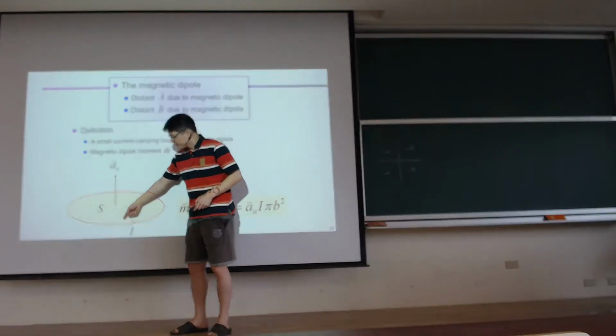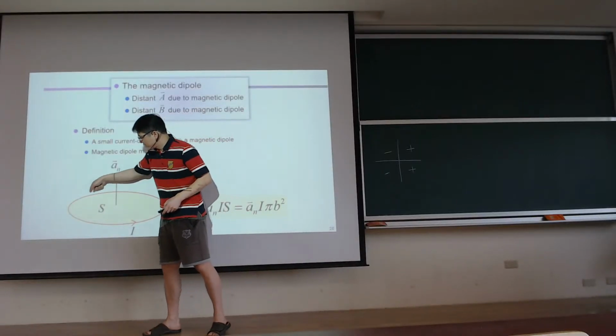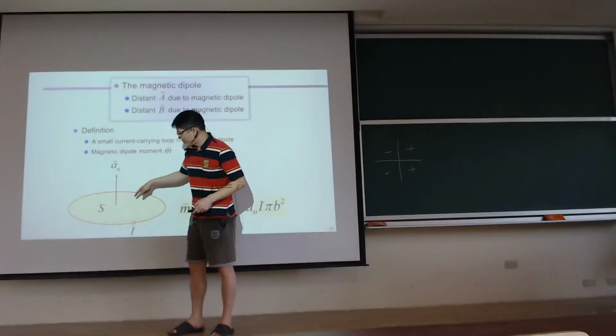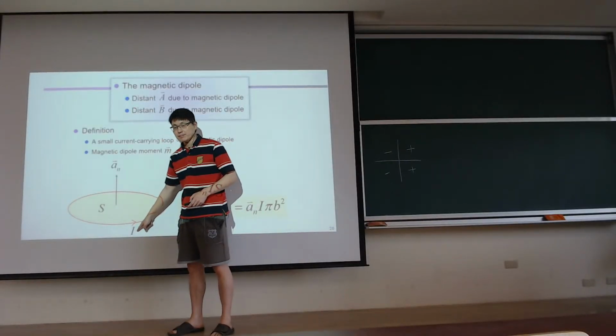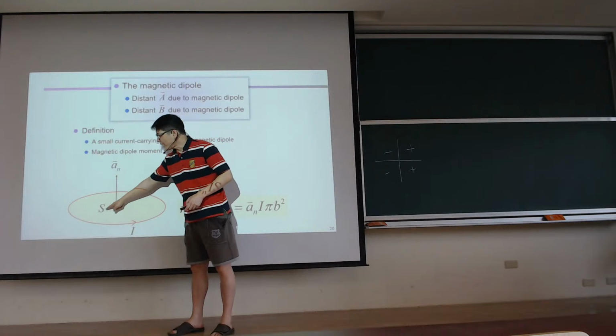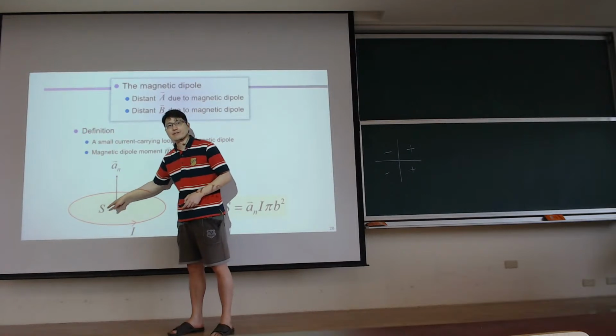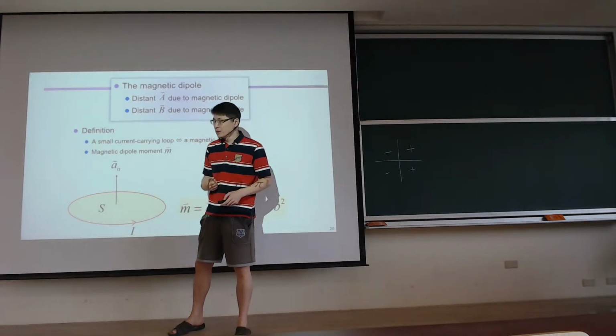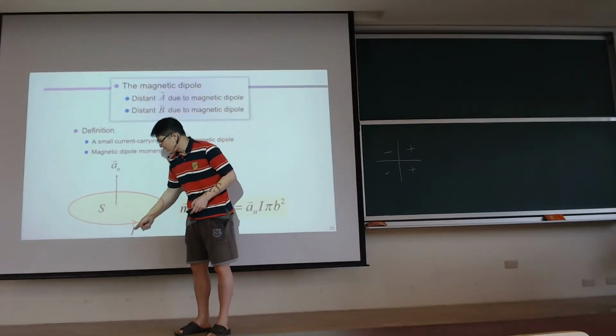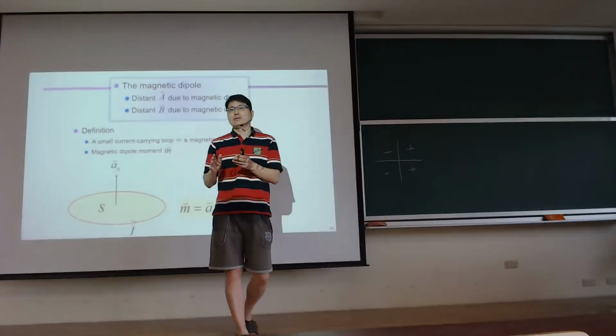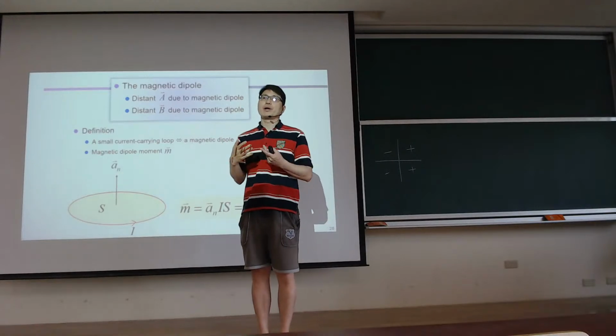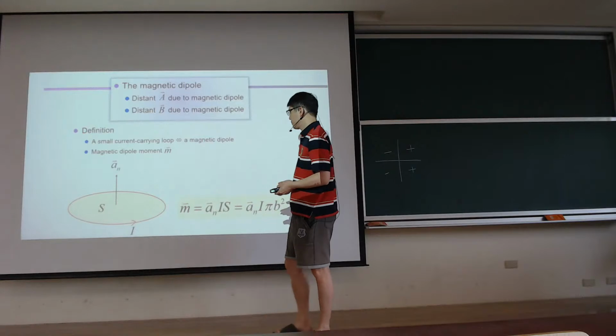If we have a circular loop with a constant current, this loop has an area of S, right? So this area S and I somehow should give you a well-defined magnetic dipole moment.